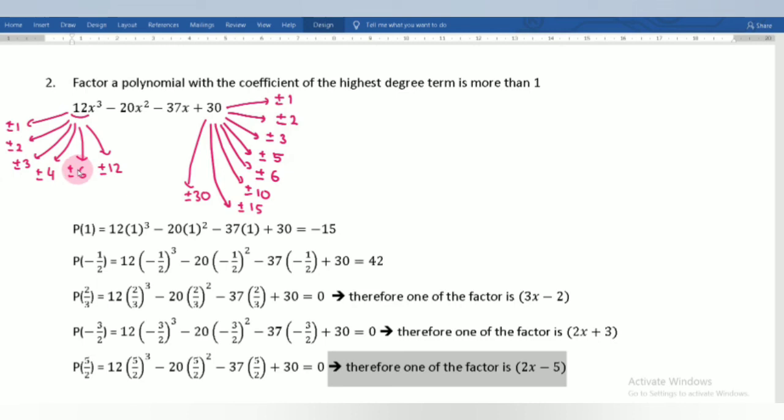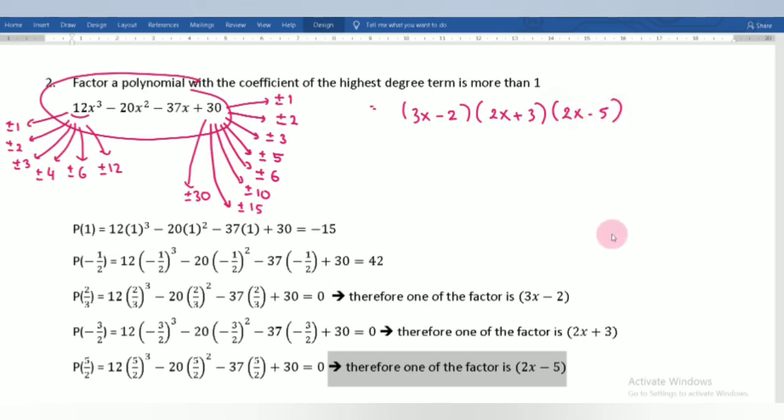Of course we can also narrow our search, but still it's extra work. It's hard work. After you find all of this, we can conclude that the factorization of this polynomial will be 3x minus 2 multiplied by 2x plus 3 multiplied by 2x minus 5.